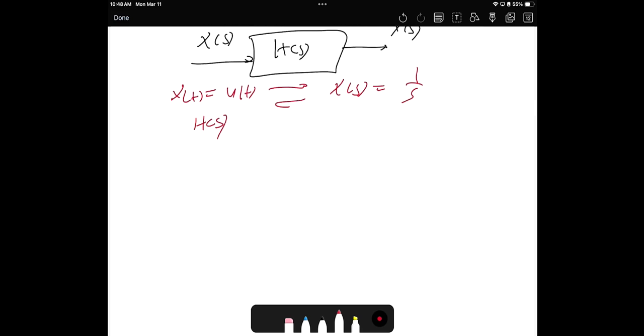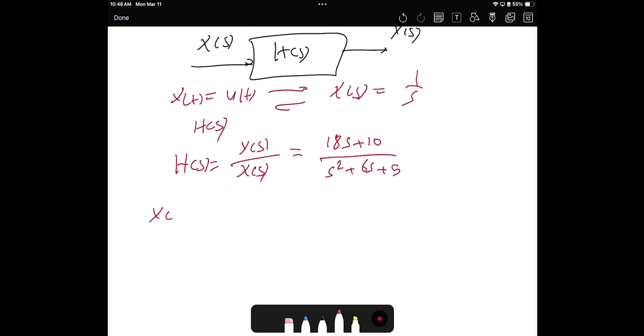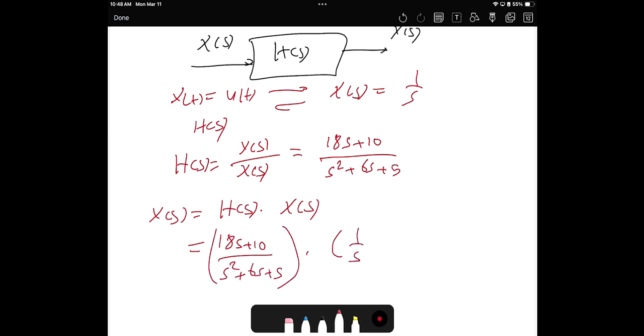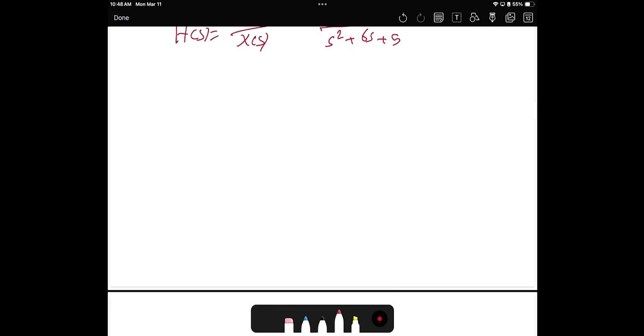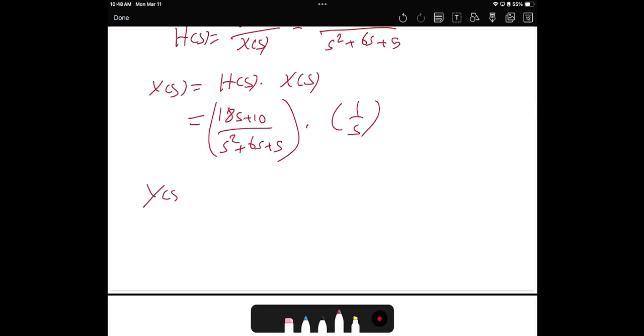Now, I need to calculate Y of s. Y of s is actually H of s times X of s. So it's going to be 18s plus 10 over s squared plus 6s plus 5, times 1 over s. In other words, Y of s will be 18s plus 10 over s cubed plus 6s squared plus 5s.